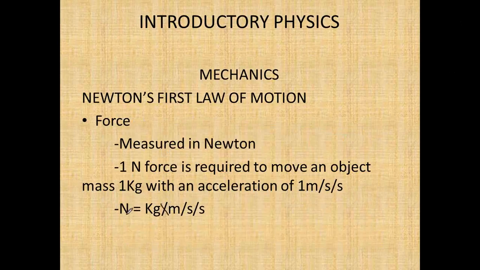Okay, because again, force is equal to mass times acceleration, and acceleration is meter per second squared. But meter per second squared is meter per second per second. So this should be a multiplication sign. Okay. All right. So I think we got that straight.